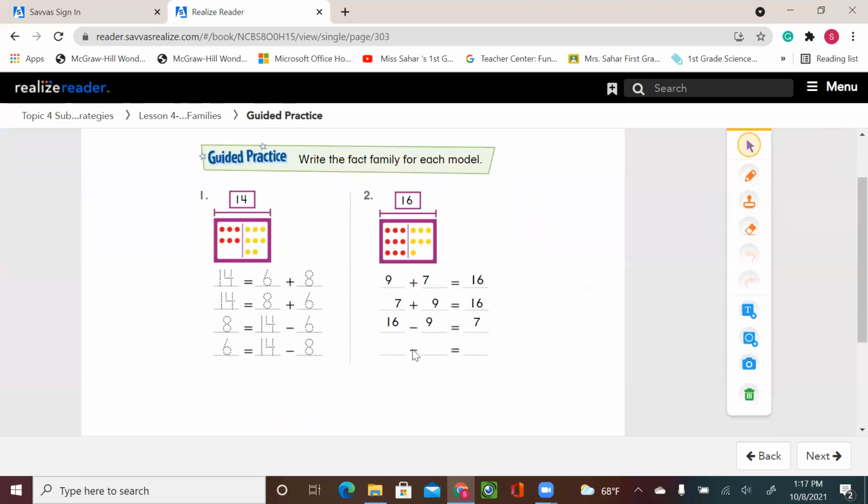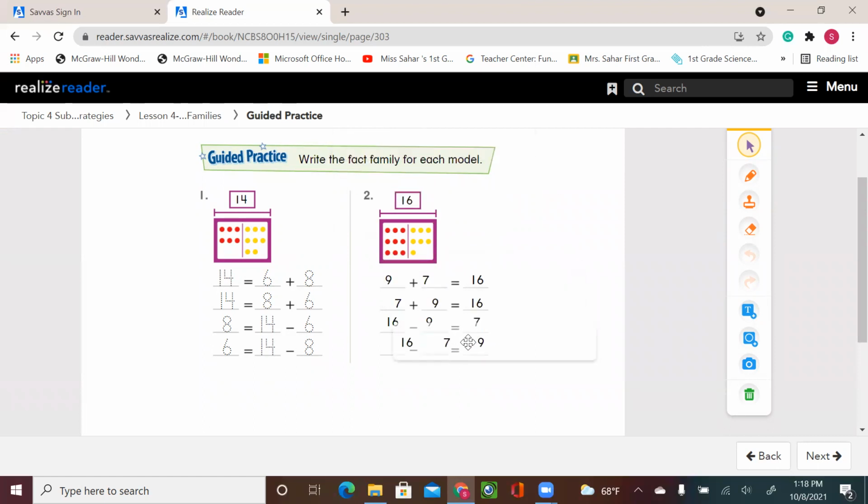Now let's go for another way to write my subtraction equation. What if I took the other part, so I know that 7 and 9 is the missing part. So 16 take away 7, or minus 7, equals 9.